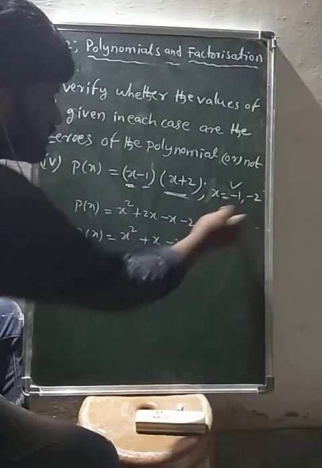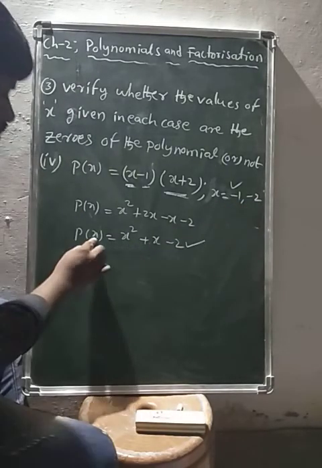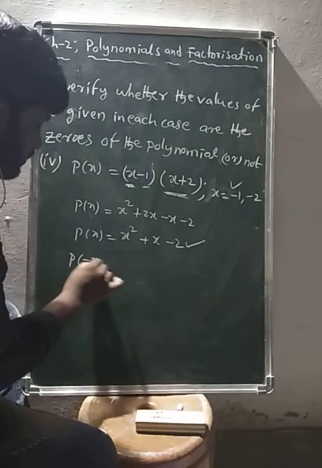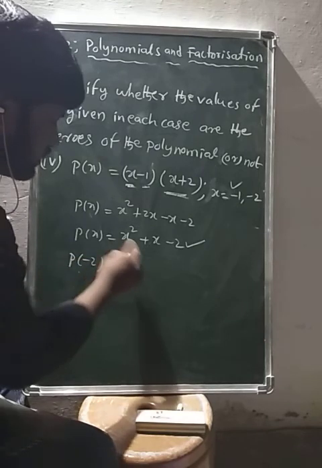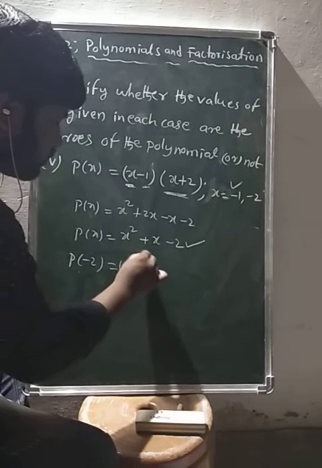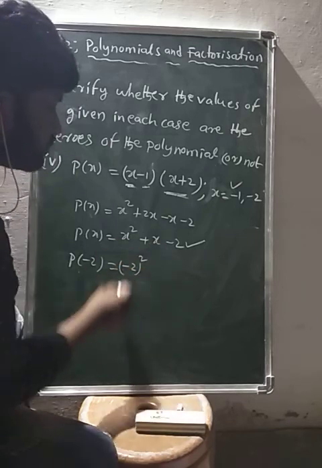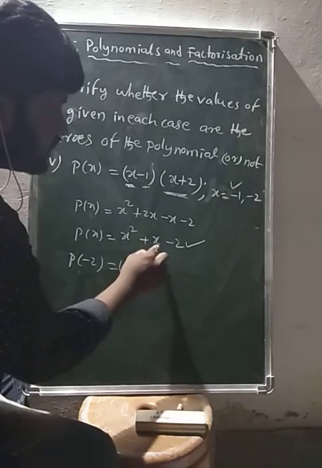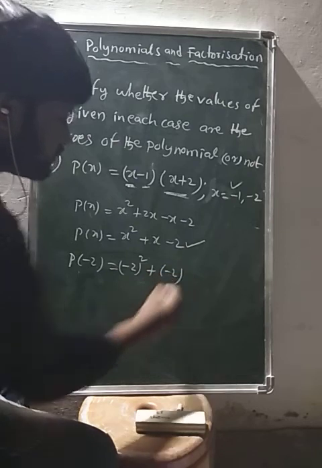Now in the place of x you replace minus 2. So here we get minus 2 whole square plus, in the place of x, minus 2.